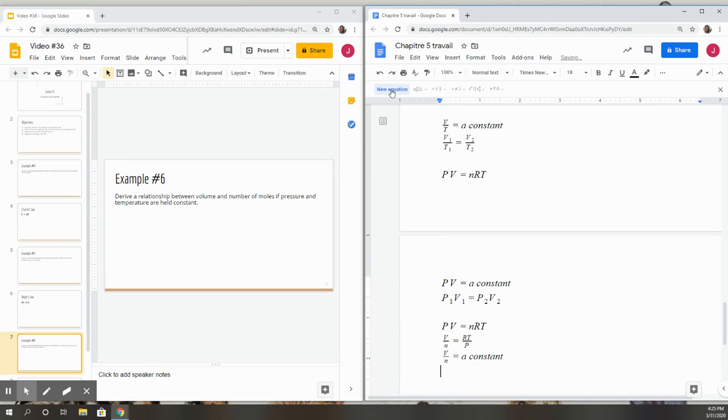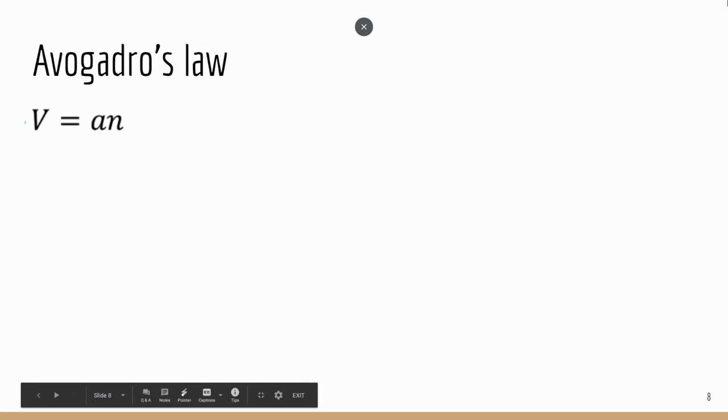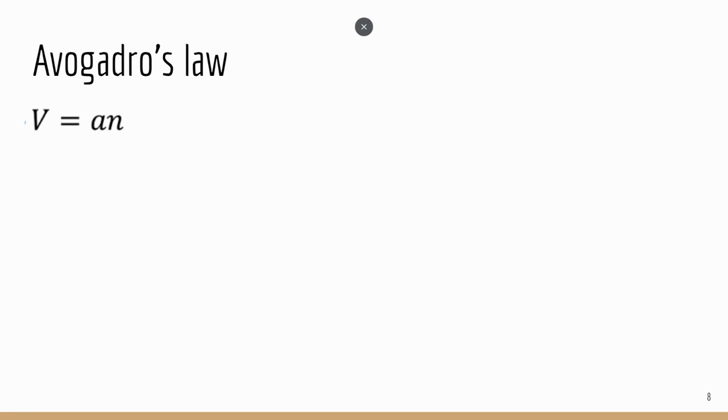So I could express it as V over n is equal to a constant, or V1 over n1 is equal to V2 over n2. Pause here. What we just did is just Avogadro's law. Volume and number of moles are directly related to one another at constant pressure and constant temperature.